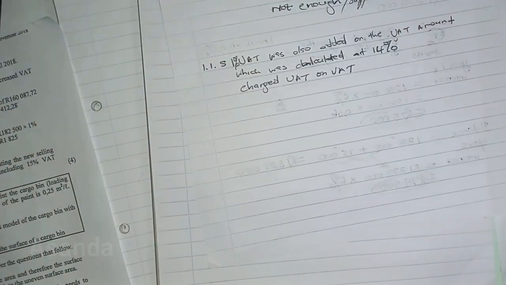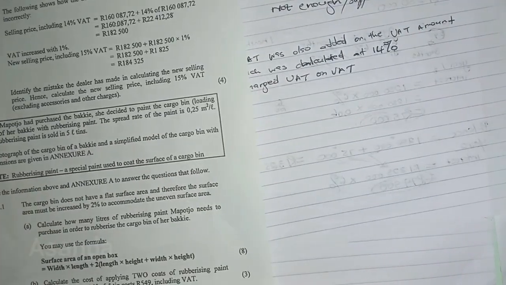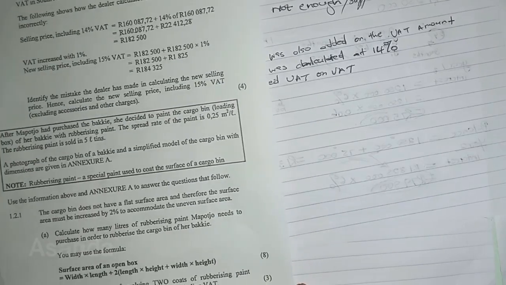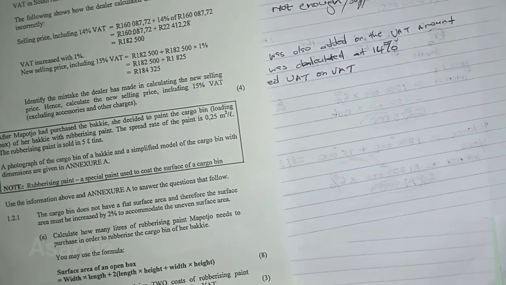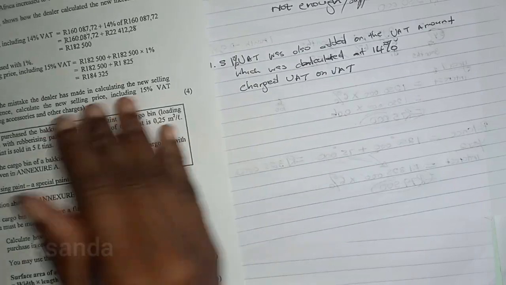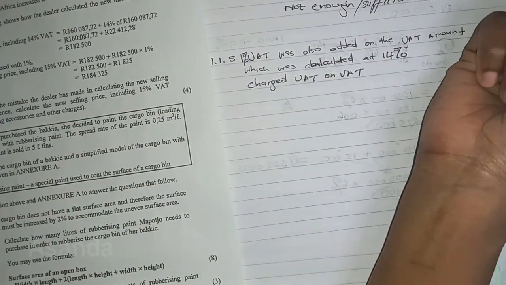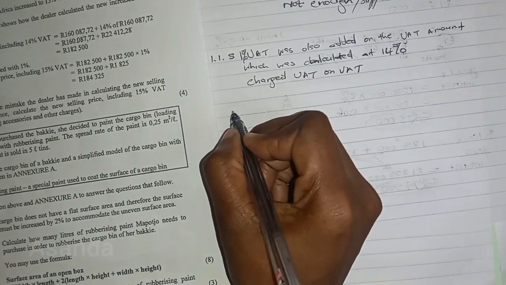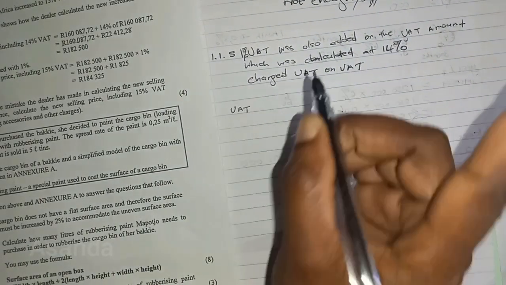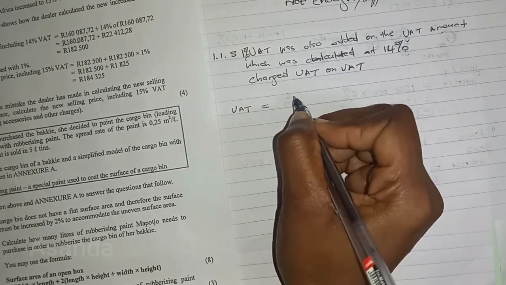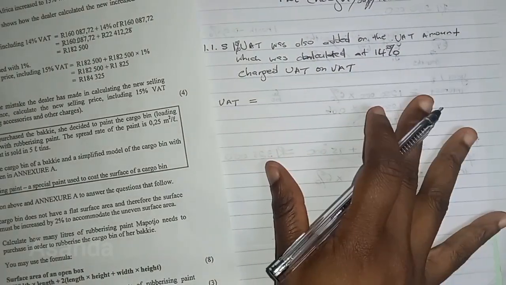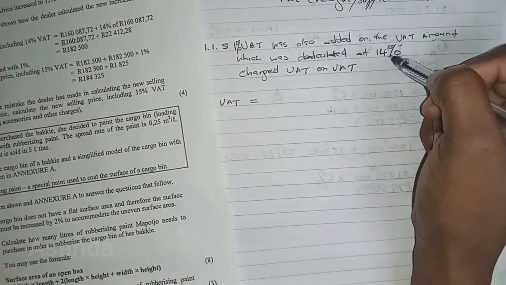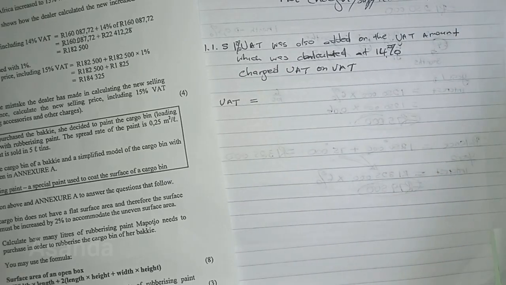Very wrong. Okay, now hence calculate the new selling price. There were two ways they could have done this. The first one was, if we're going to just calculate for the 1% only, it said 1% VAT. Remember, VAT is 15%, but because 14% has already been calculated, we're just going to calculate the 1%.